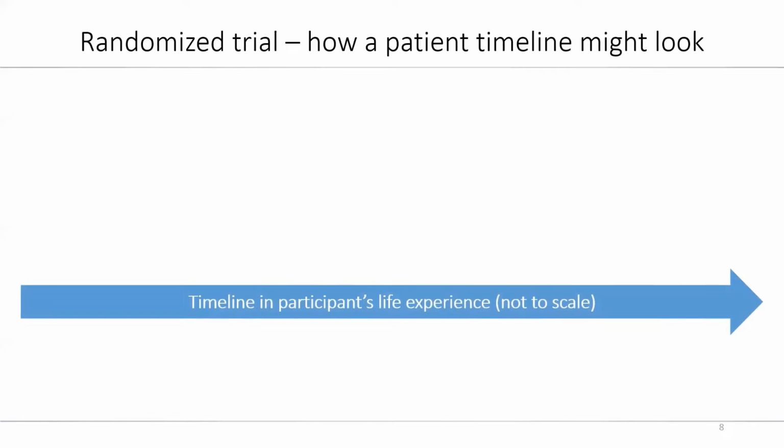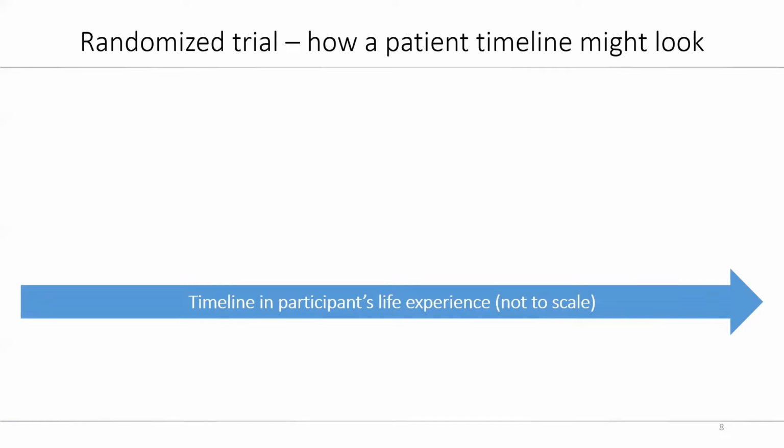So taking a bit of a step into randomized trials and how they actually unfold, I think that one helpful way to start thinking about them is through the lens of a patient's perspective. Here we see the timeline from a patient point of view. Sometimes I'll refer to these as participants and sometimes patients.